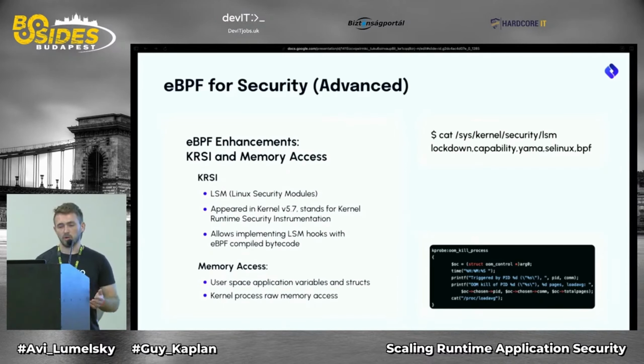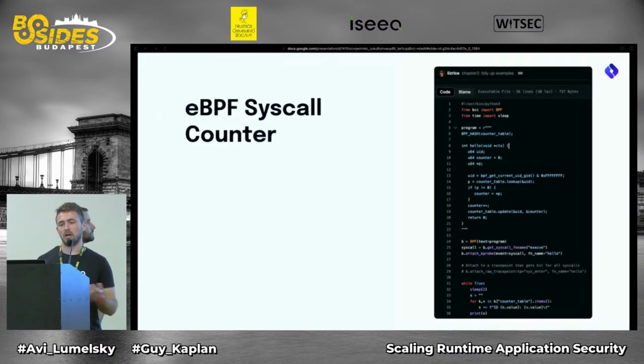And also there's memory access, which is very important. As you can see, the program in the bottom figure allows us to catch out-of-memory kills right out of the box. So it uses a designated kernel probe, and it allows us to do that. We can also count the syscalls, which is not that interesting.